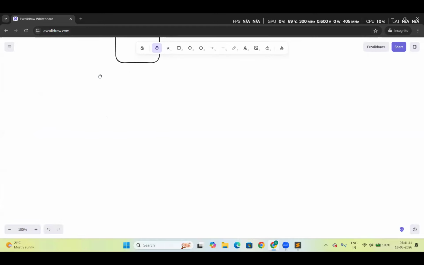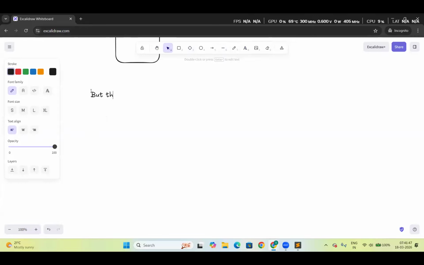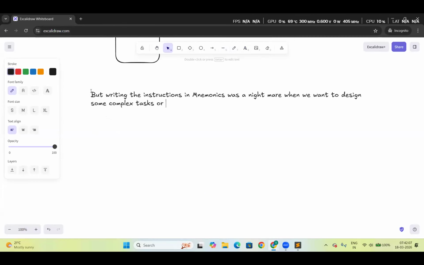But what was the challenge now? We have got mnemonic language, but that's fine. Writing the instructions in mnemonics was a nightmare when we wanted to design complex stuff, complex tasks or complex activities.